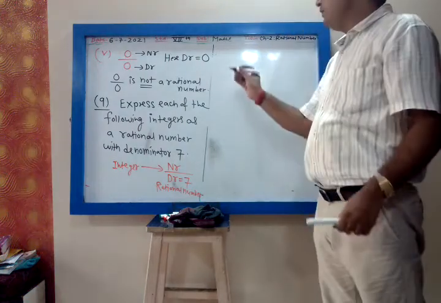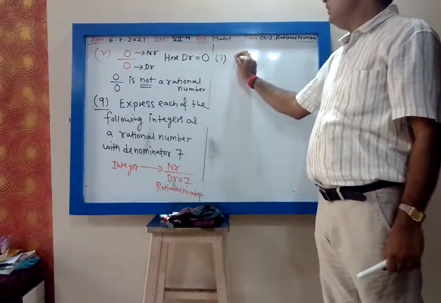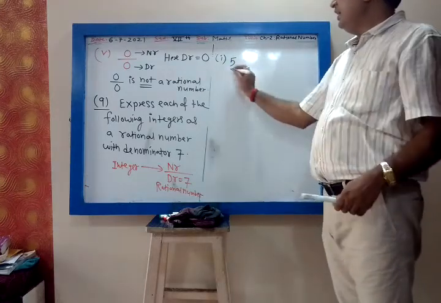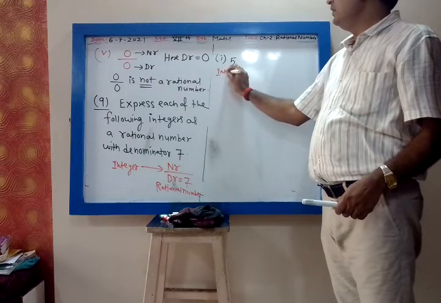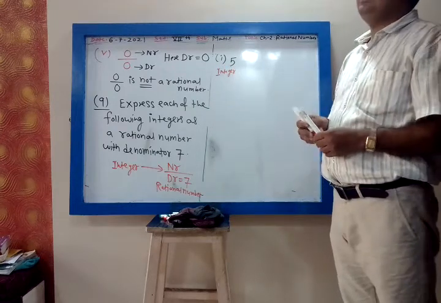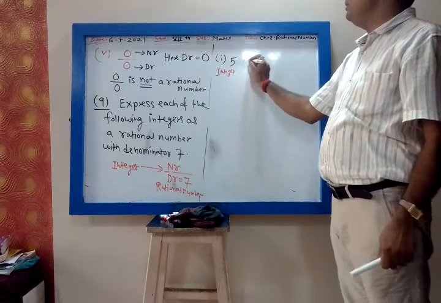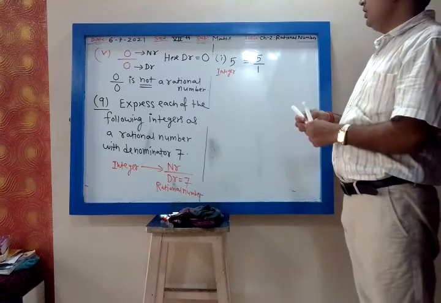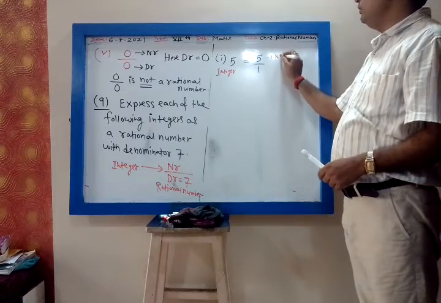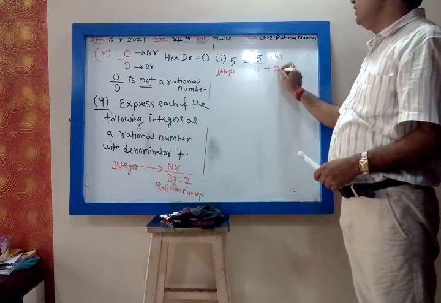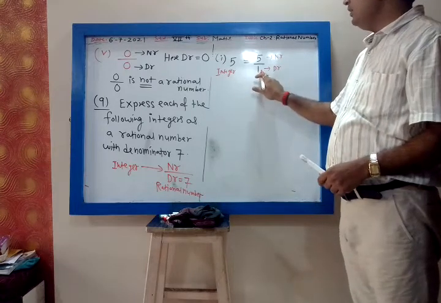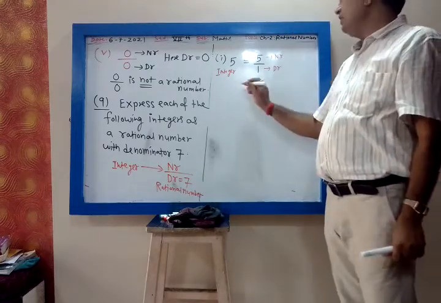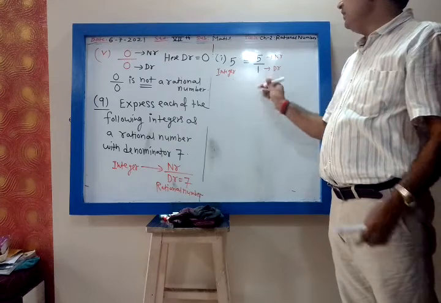So first it is 5. Let us take 5. 5 is an integer, and an integer we can write as a rational number. So 5 I can write as 5 upon 1. Numerator is 5, denominator is 1. But this denominator 1 we have to convert into 7.